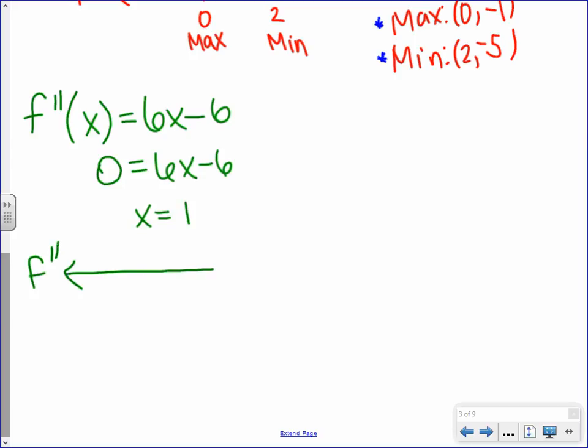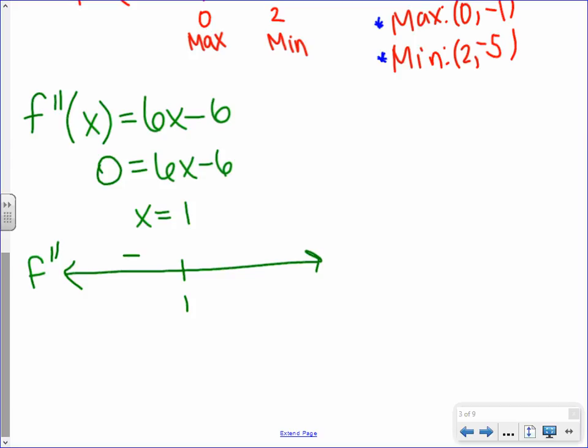Notice how I'm labeling my number line because now we have more than one number line in our work. Jake, to the left of 1 is our second derivative going to be positive or negative?